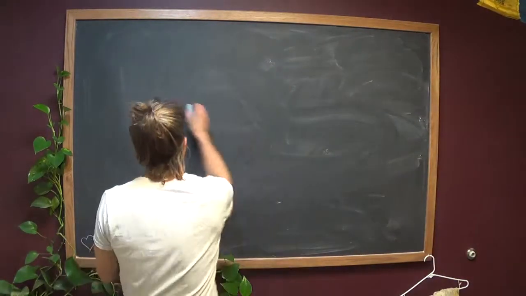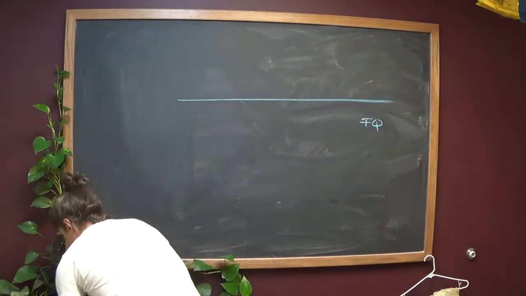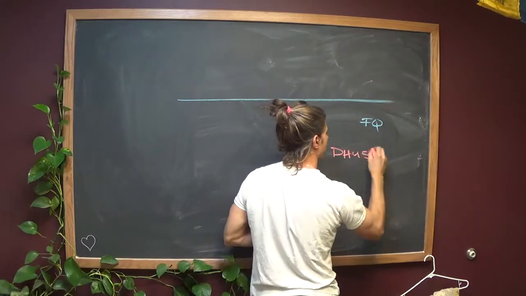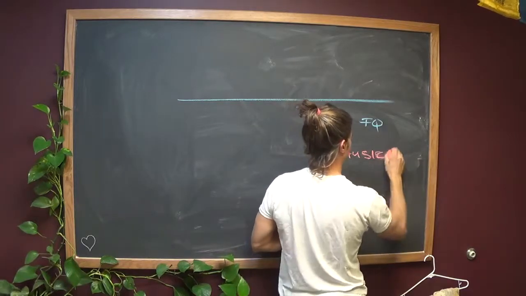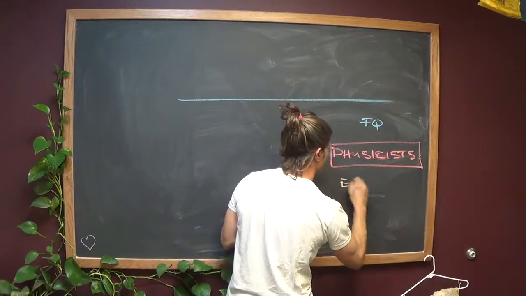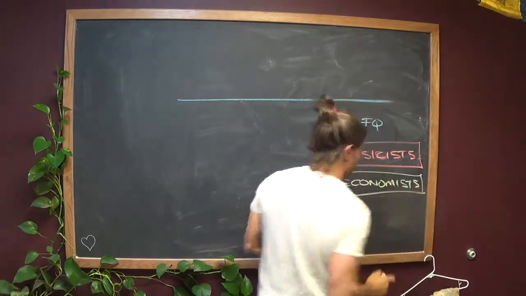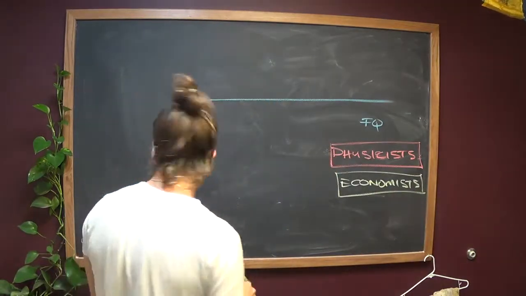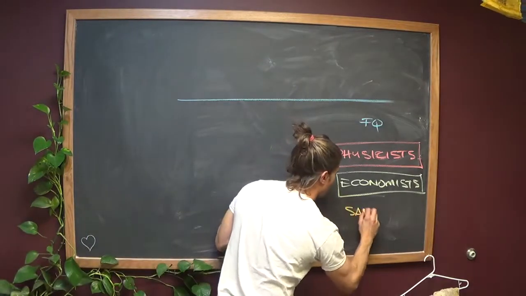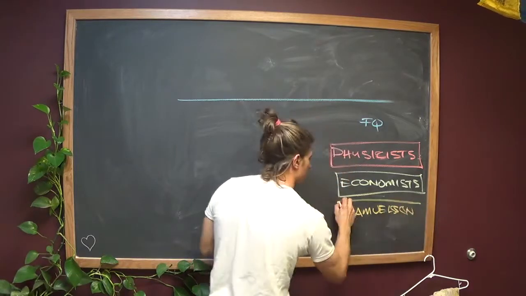So what you want to think about is IQ on a horizontal scale, and we'll do the physicists in red, and we'll do the economists in green. And we'll do Samuelson in the orange. I think he has 2 S's, doesn't he?